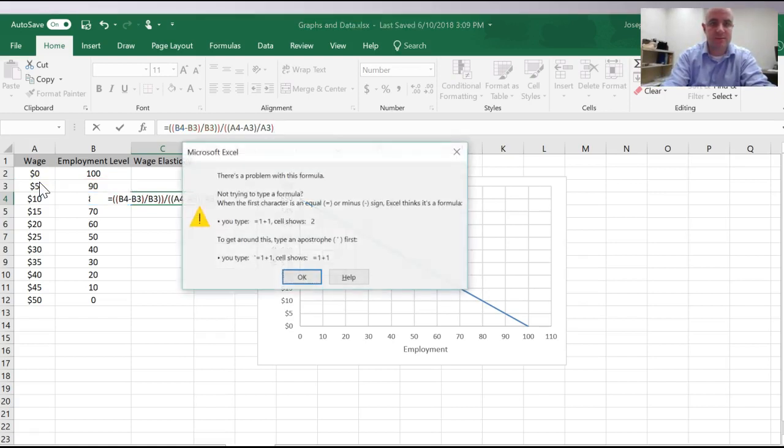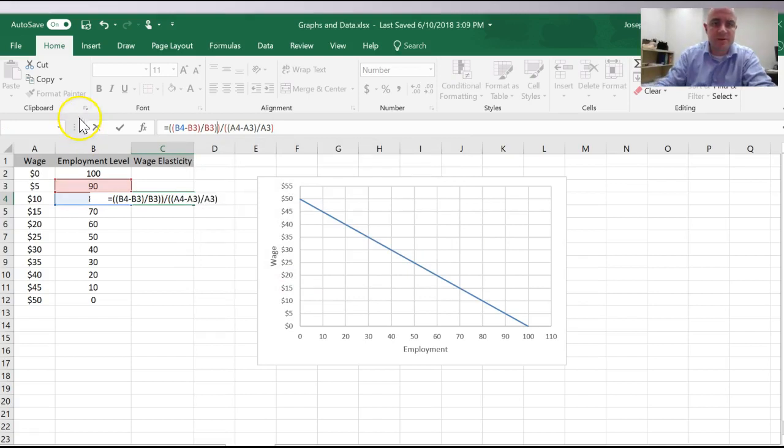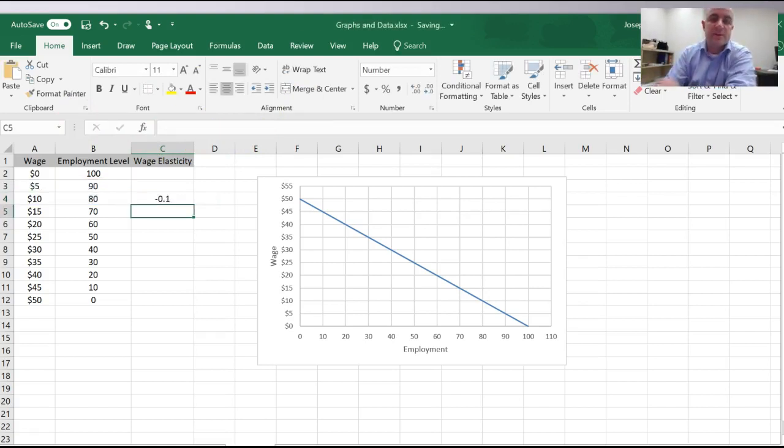There we go. So at this point, the elasticity as you move from $5 to $10 is minus 0.1. And that's this point from $5 to $10.